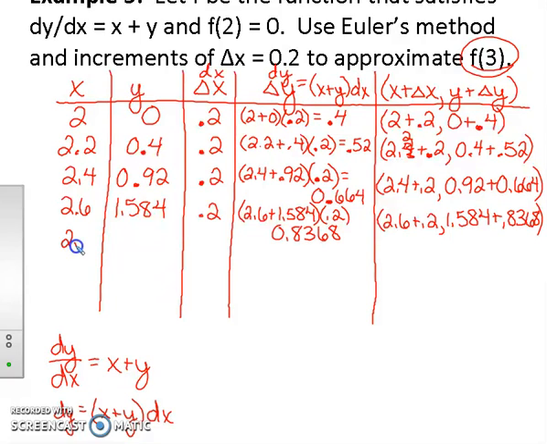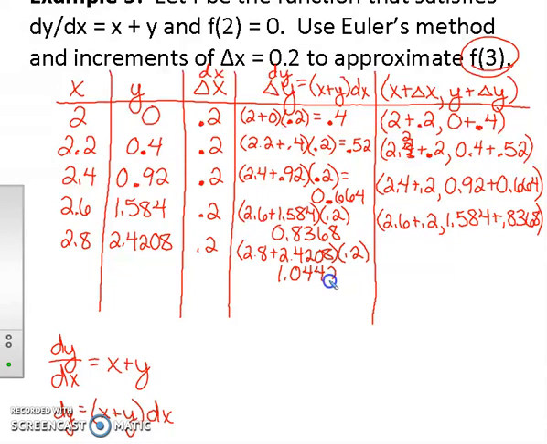So now we're at 2.8, and the y coordinate is 2.4208. Change in x is 0.2. Change in y is going to be 1.0442.